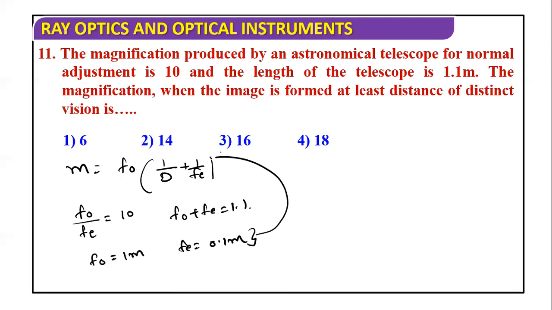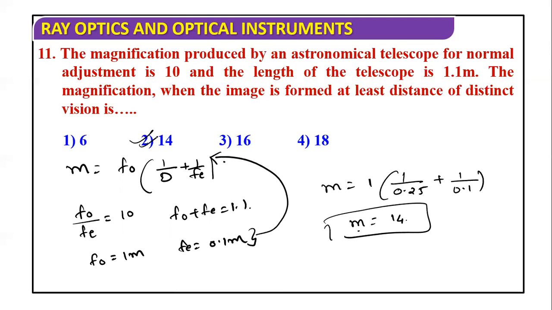Put these values in magnification equation, we will get m is equals to 1 into 1 upon 0.25, that is least distance for distinct vision, plus 1 upon 0.1. Solve it and we will get m is equals to approximately 14.